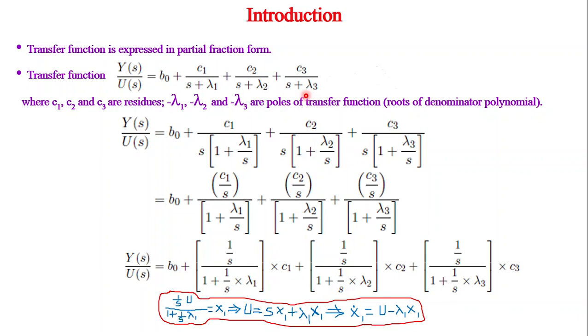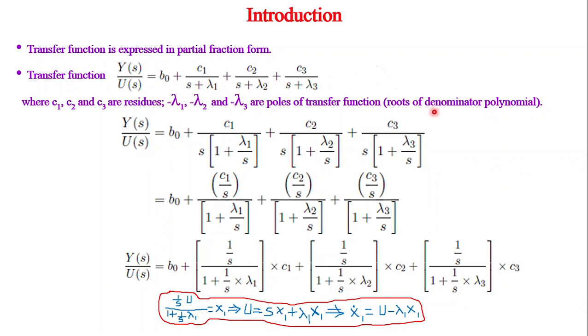So keeping that in mind, we will have these 2, 3, 4 terms corresponding to the number of poles. Here C1, C2, C3 are the partial fraction residues, and lambda 1, lambda 2, lambda 3, with the negative sign, are called the poles of the transfer function.